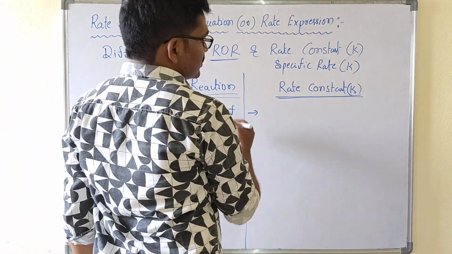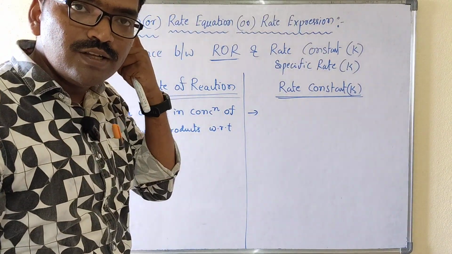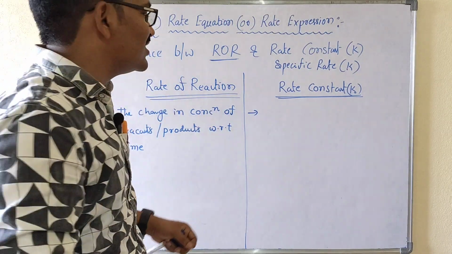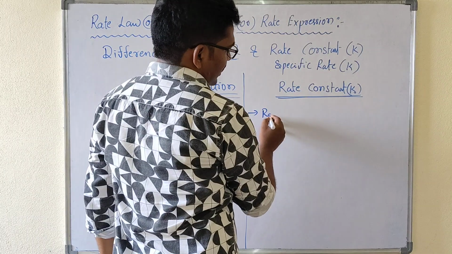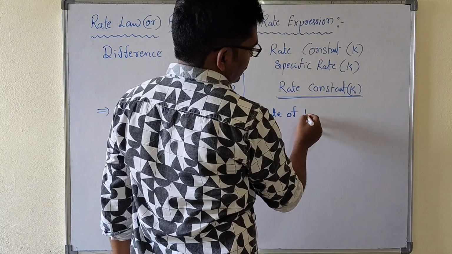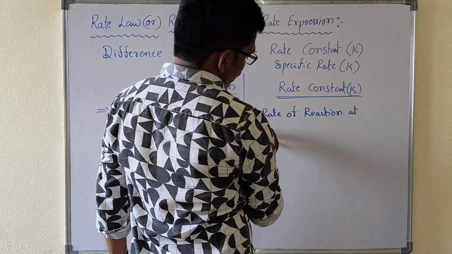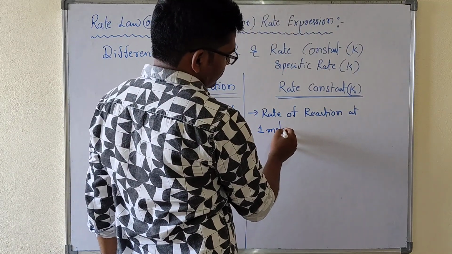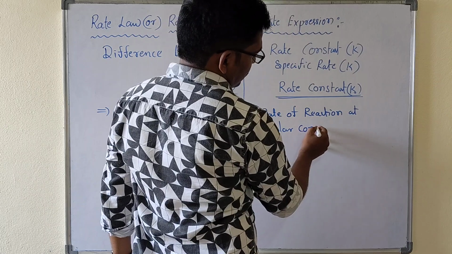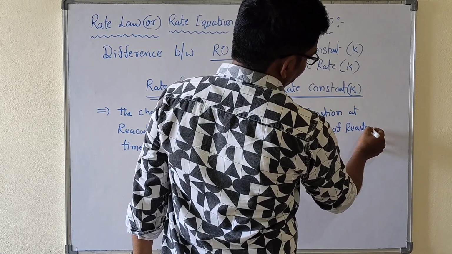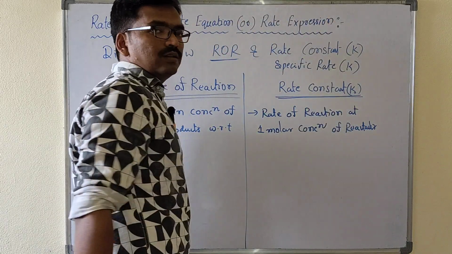So what is the rate constant? How do we define the rate constant? The rate of reaction at 1 molar concentration of reactants is called the rate constant.